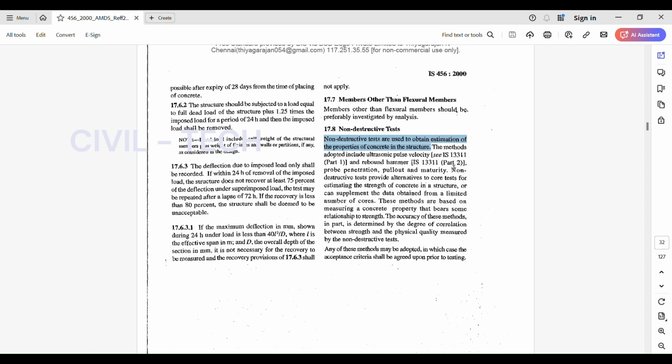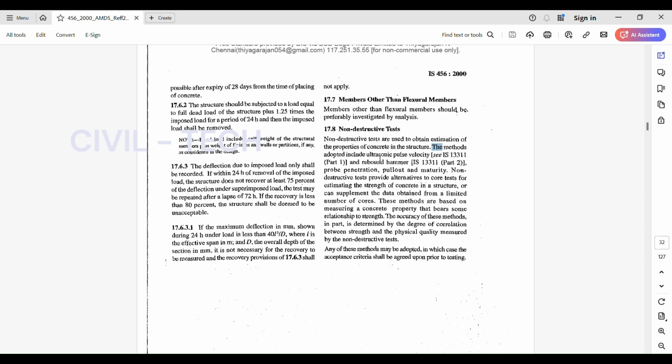In core testers, we directly get the compressive strength, but in non-destructive testers, we only get the properties of the concrete: whether the concrete is less voidable, whether the concrete is more dense, whether the workmanship is good. So these are the properties we can get from the non-destructive testers.